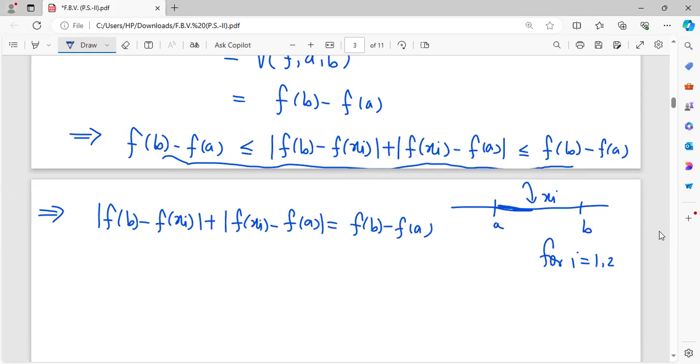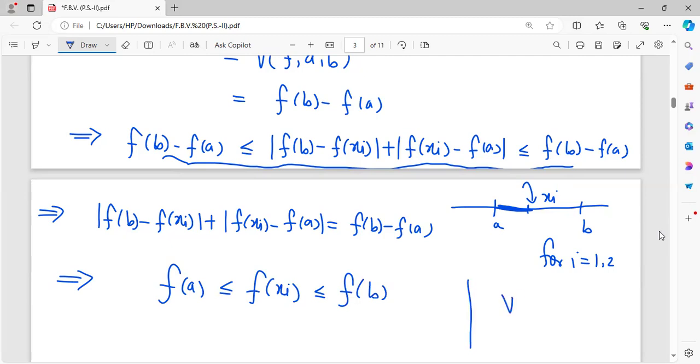So x_i is somewhere; the distance from x_i to a plus the distance from x_i to b, their sum is f(b) minus f(a). What does it mean? It means that f(a) is less than f(x_i) less than f(b). Why?